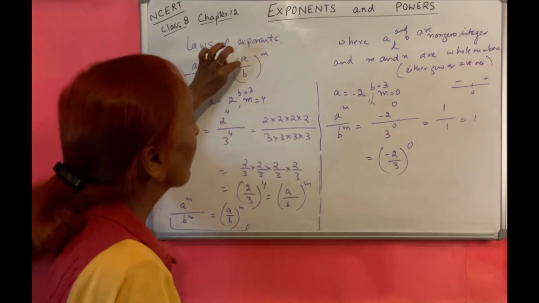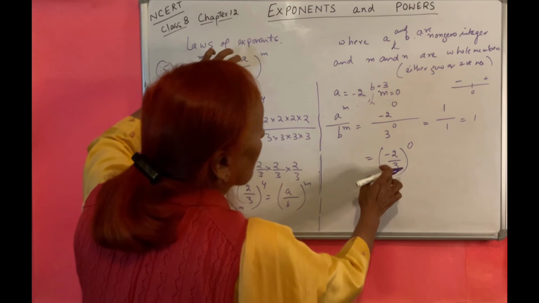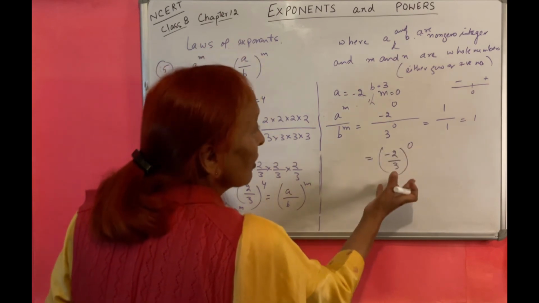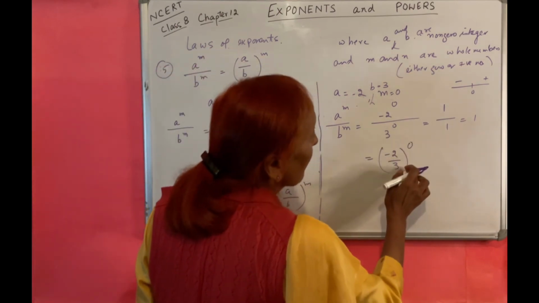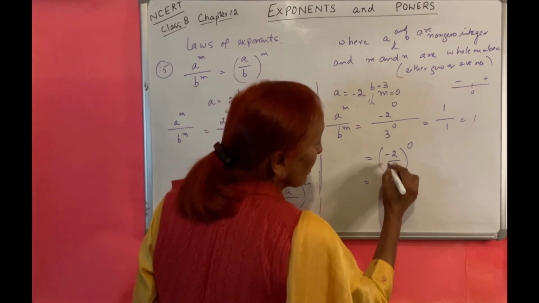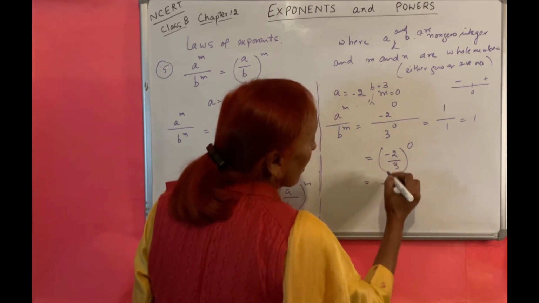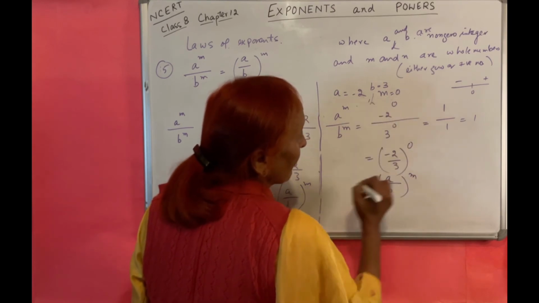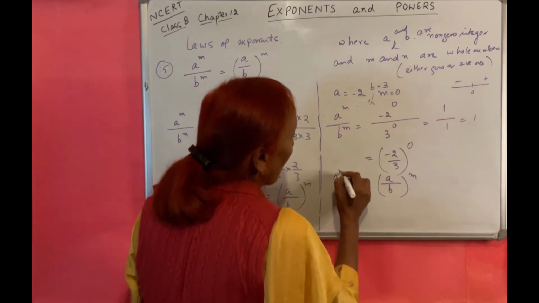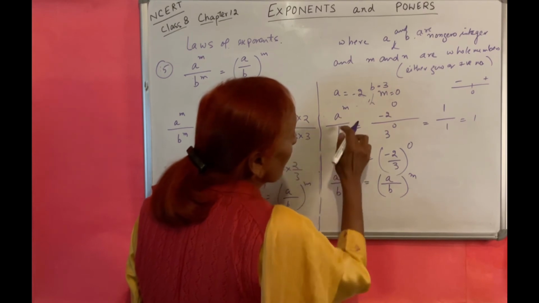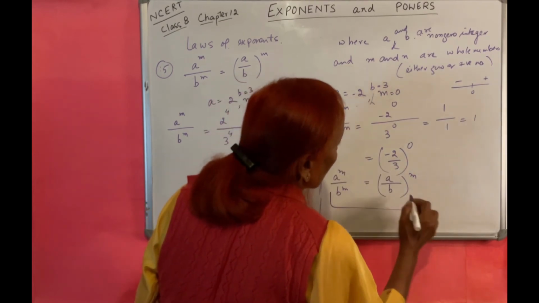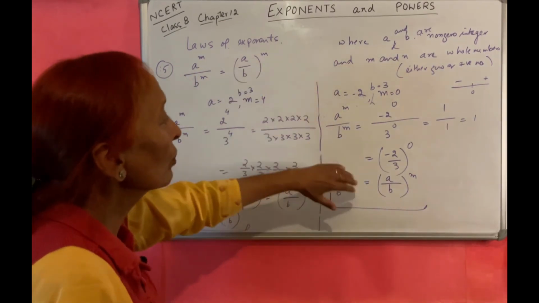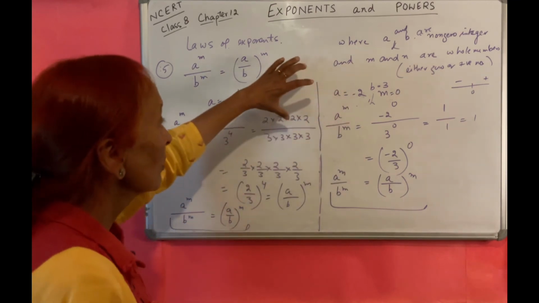If I write a is minus 2 and b is 3 and raised to power 0, this is also 1. So 1 can be written like this. So minus 2 is a, 3 is b, raised to power 0 is m. So a raised to power m upon b raised to power m is equal to this. This law is true in this case also. Okay.